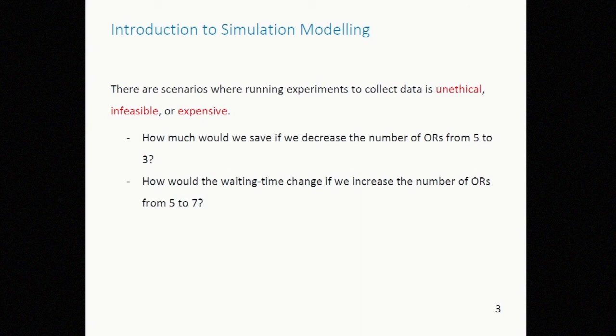And if a patient comes and needs surgery, if 3 of the operating rooms are already occupied, it would be considered unethical to keep the other 2 operating rooms closed only because I'm interested to know how much money I would save. So because of ethical issues, we would never be able to run these experiments.